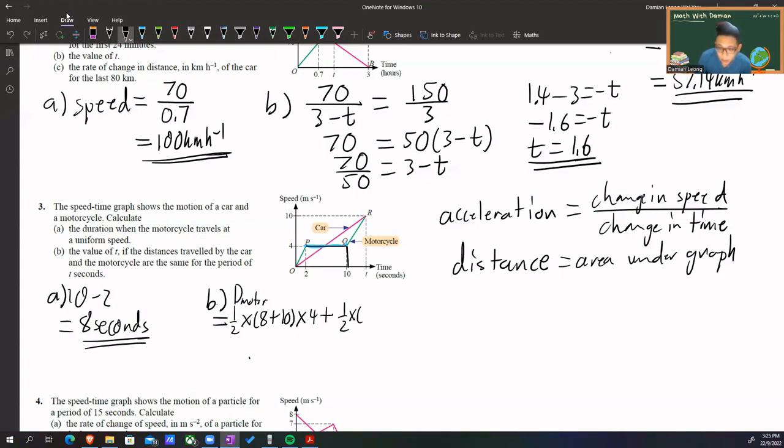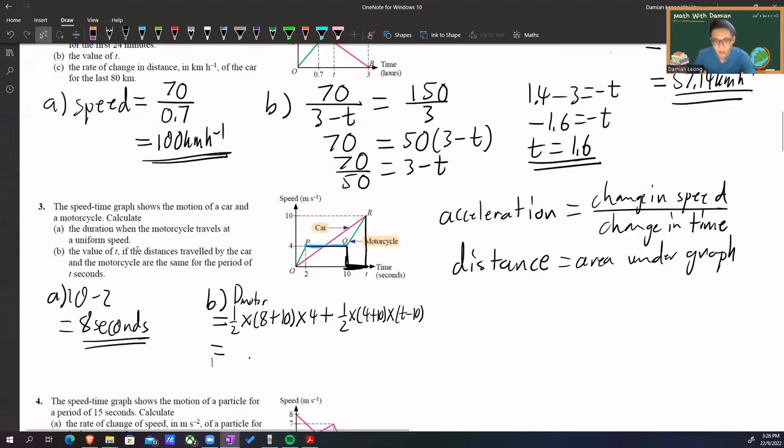Parallel sides now is this 4 and 10, times the height, which is always 90 degrees to the parallel sides. So from 10 to t means t minus 10.